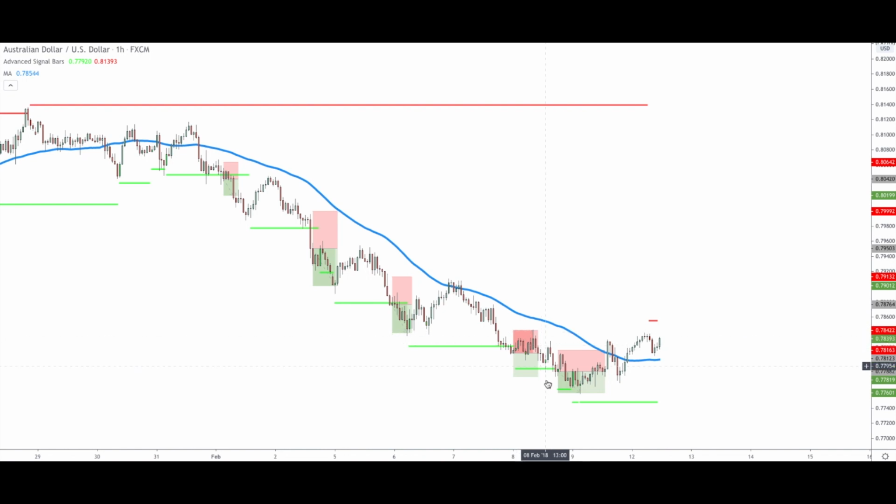It is to be said that in the last one we were very lucky because we touched the target and then the price moved higher. So I'd say that these two balance out each other, so it's okay in the end because we had a very profitable downtrend here.